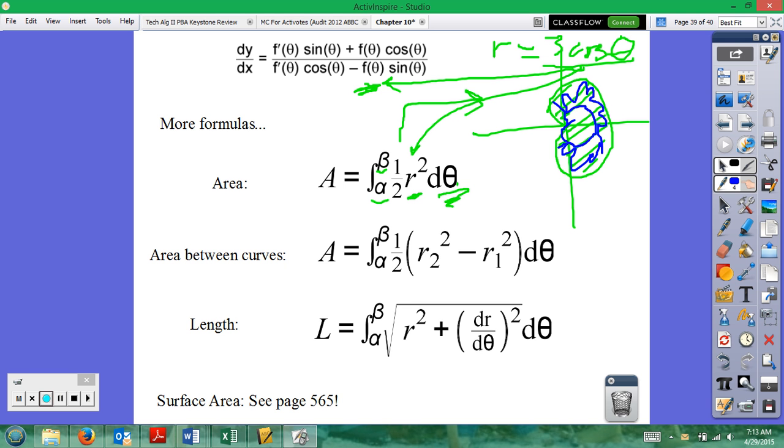Don't worry, no volume to look at here. And then length of a curve should look kind of familiar. It's very similar to what we did with length on the Cartesian plane and with parametrics, and here's length with polar. Now surface area, we'll skip that for now. The formula is on page 565, but I would call that non-essential.